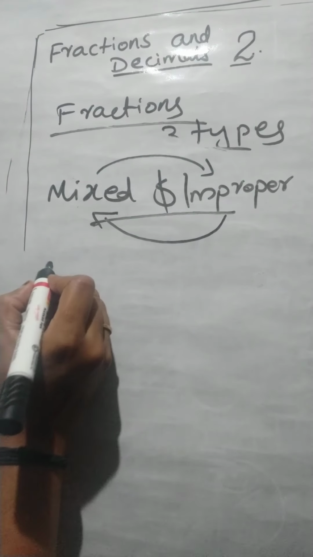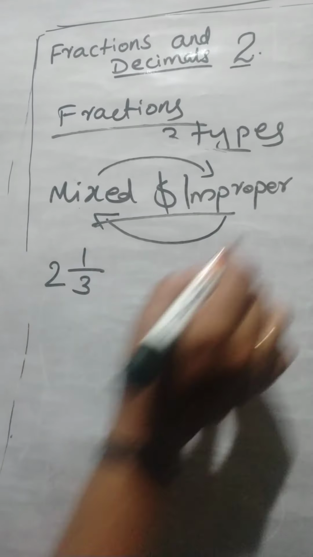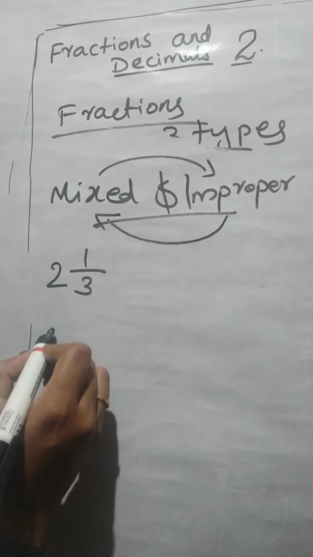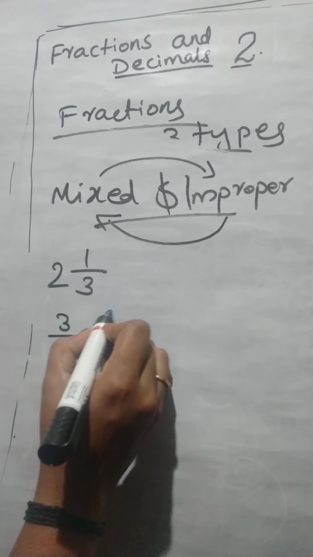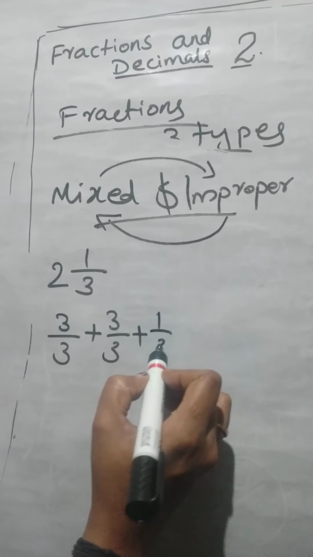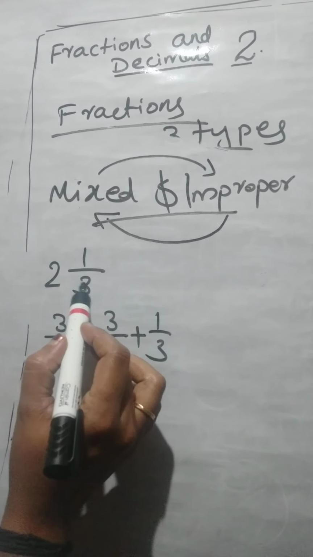One mixed fraction, 2 and 1 upon 3. How can we change it into an improper fraction? Here this is 3 upon 3. Again 3 upon 3. Next we are getting only 1 upon 3. Because here the whole part is representing how many 3 upon 3?